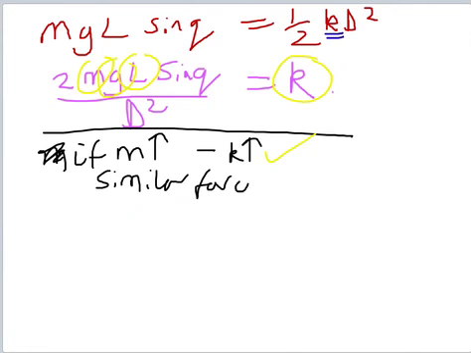If the slope is bigger, it should slide faster, and indeed sine q goes up as q goes up, so that makes sense. However, if d goes up, k goes down. That means if the spring compresses more, you need less spring constant. So if d goes down, k goes up.